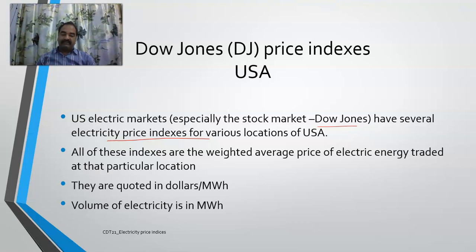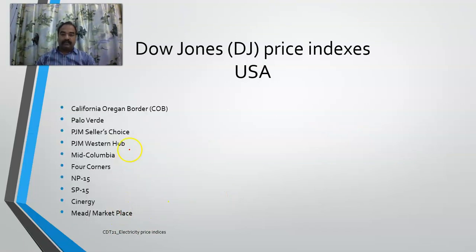So everyone maintains their own electricity price index. All of these indices are the weighted average price of electricity energy which is traded at that particular location. And most of the times these indices are measured in dollars per megawatt hour, where the volume of electricity will be in megawatt hour. See, these are the list of few price indices which have been in the market in USA.